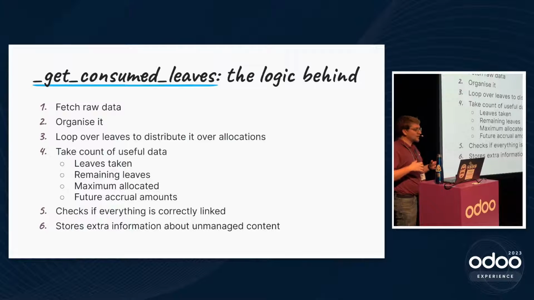And then it will loop over every leave on every allocation for each leave type and each employee, and take into account the useful data. So for each allocation, how much leave was taken, what are the remaining leaves, what is the maximum that we have in total, what eventually is the future amount that we will have if we have an accrual plan.